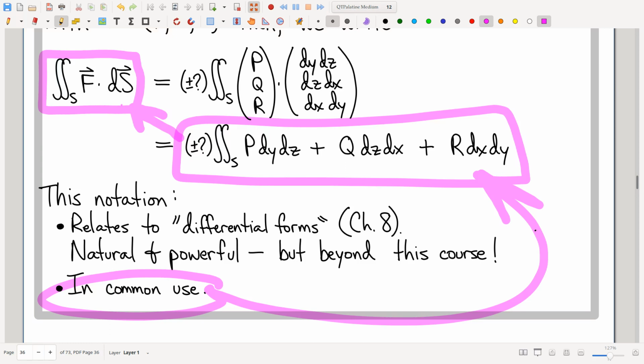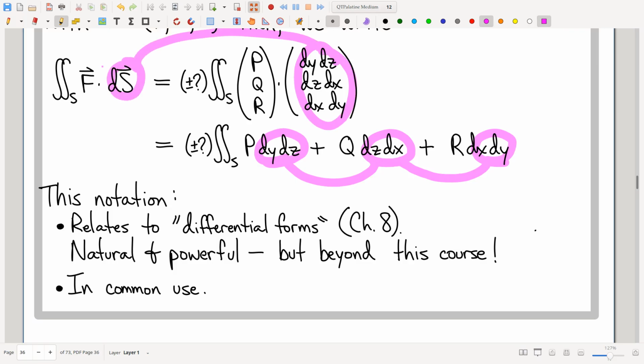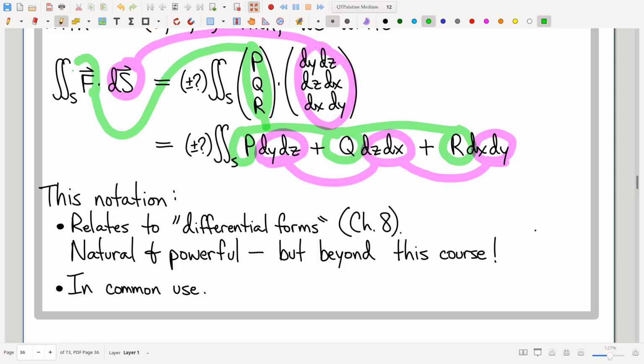And in particular, not only can you realize what it represents, but given that these, in that order, represent dS, you can infer that these integrands are just telling you what your vector field is.